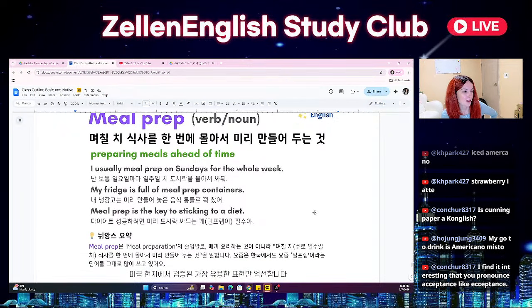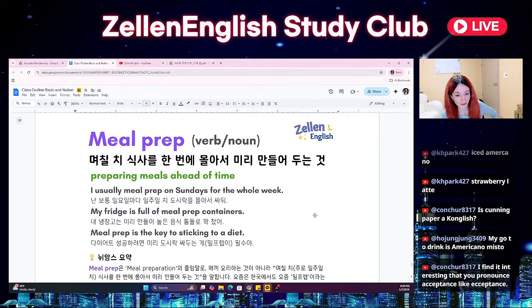Okay. So anyway, let's do our shadowing with meal prep. So first, I usually meal prep on Sundays for the whole week. One more time. I usually meal prep on Sundays for the whole week. Next, my fridge is full of meal prep containers.